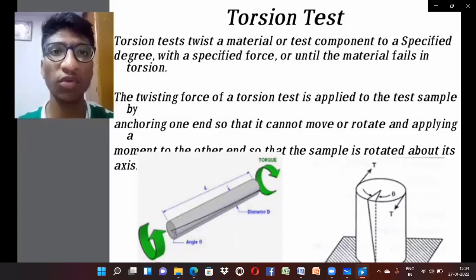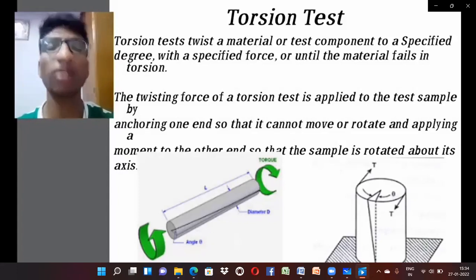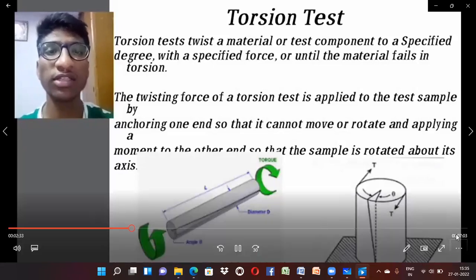So what is our aim? What we have to find from the torsion test is the rigidity modulus, by using the torsion test machine. Rigidity modulus is a mechanical property. It is nothing but the ratio of shear stress and shear strain.